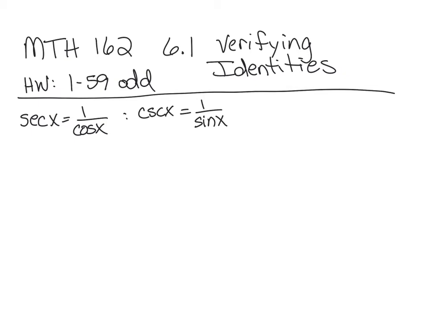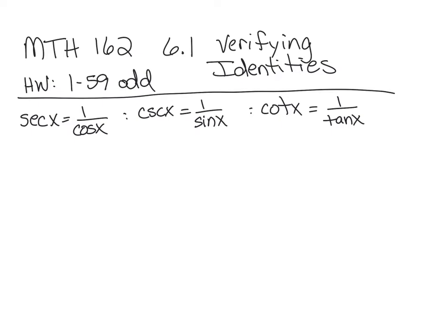You're going to find a lot of value in replacing cosecant and secant with the sine and cosine form forever and always, amen. Okay? The very best thing that you can do in these problems is to change everything to sines and cosines right at the beginning. Okay? We also know that the cotangent and the tangent are reciprocals of each other.